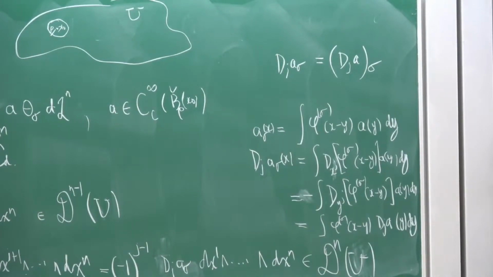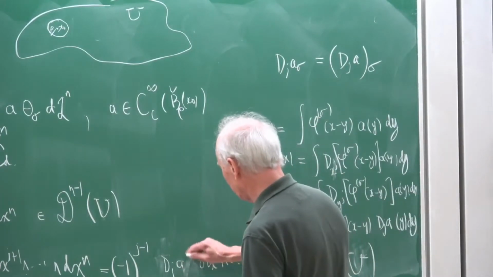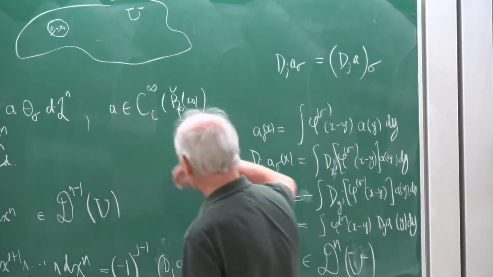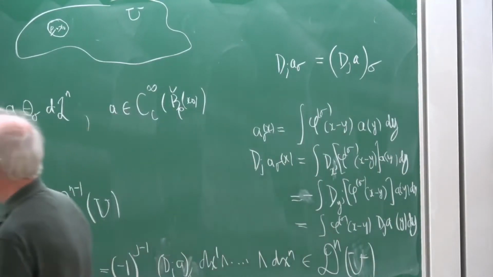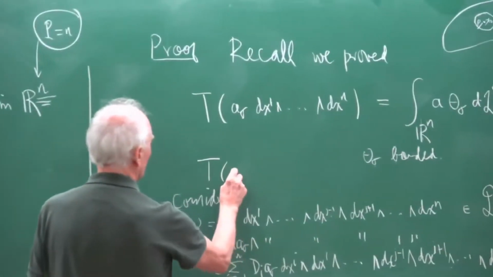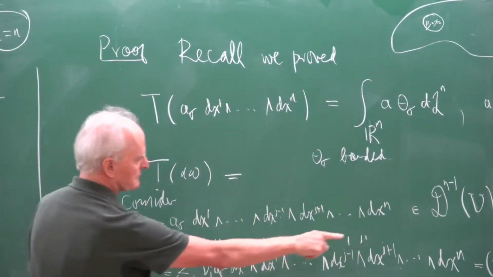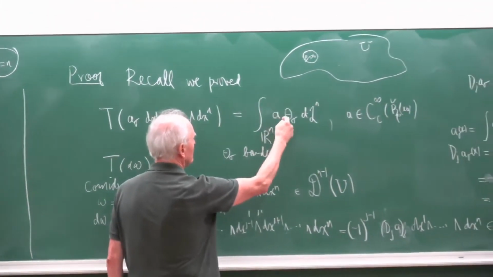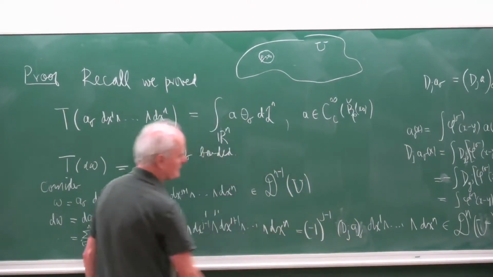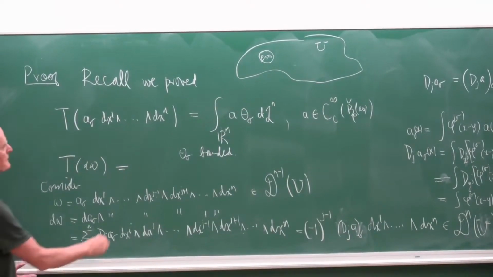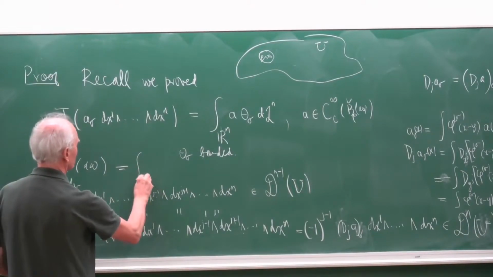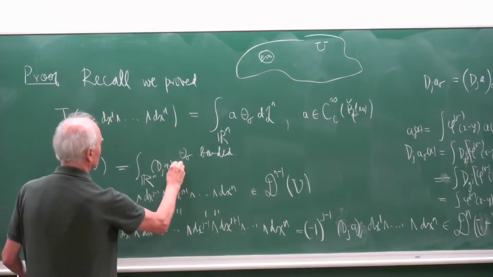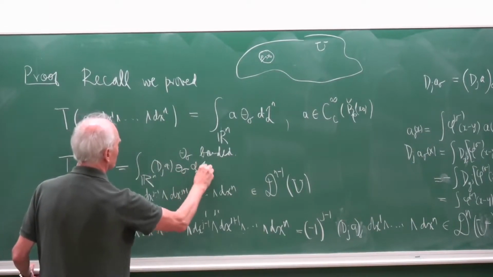Either way, you get the same answer. So this is (d_j A) sigma. But then this applies, which means that T of d omega is exactly this, but with d_j A in place of A. So this is equal to the integral over R^n of d_j A phi sigma d L^n.